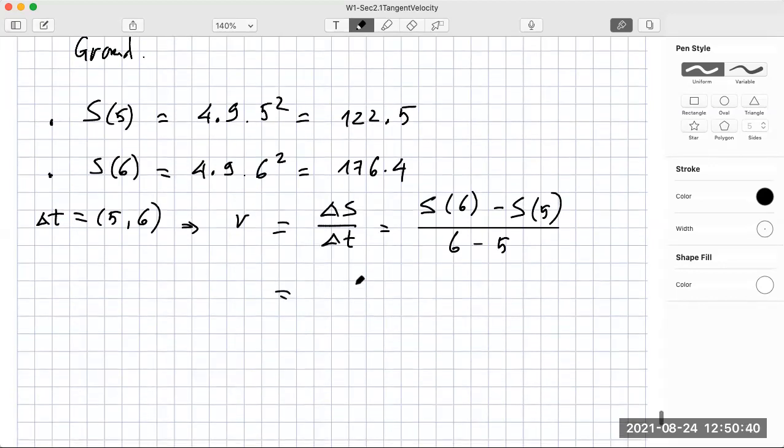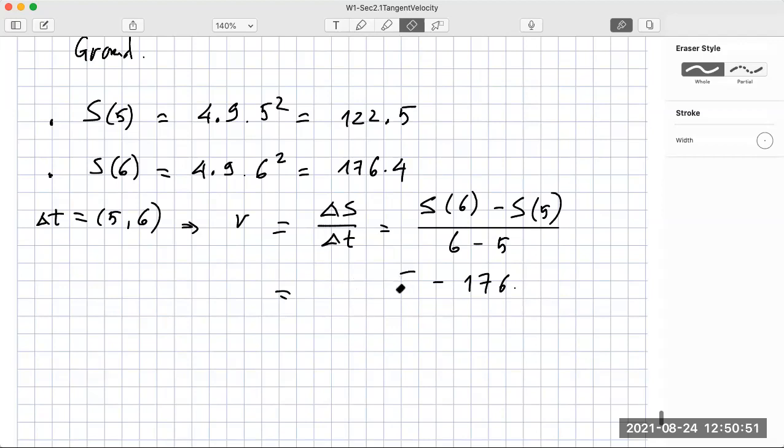So it will be 176.4 minus 122.5. Oh, the other way around. My bad. And what do you get?